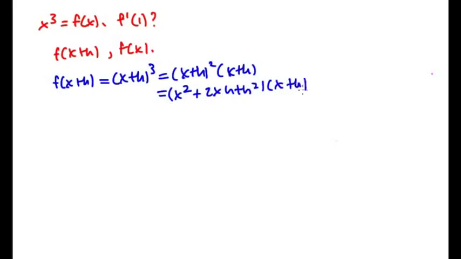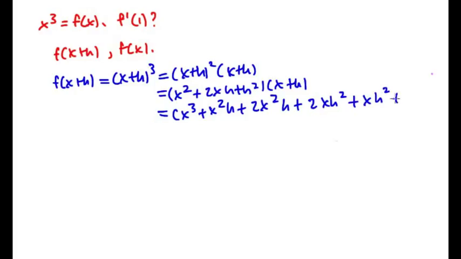And I'm going to FOIL this out again. It's going to become x cubed plus x squared h plus 2x squared h plus 2xh squared plus xh squared plus h cubed.